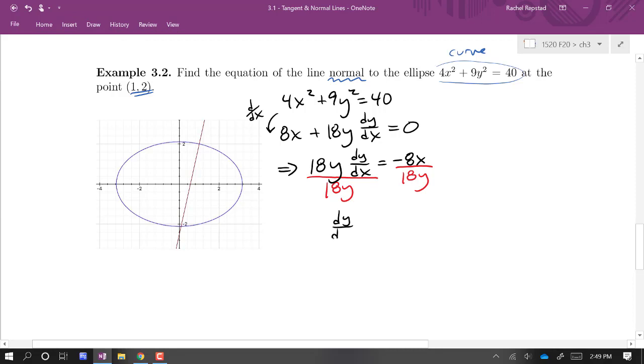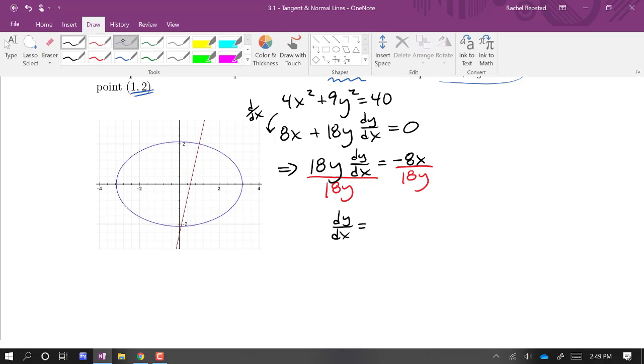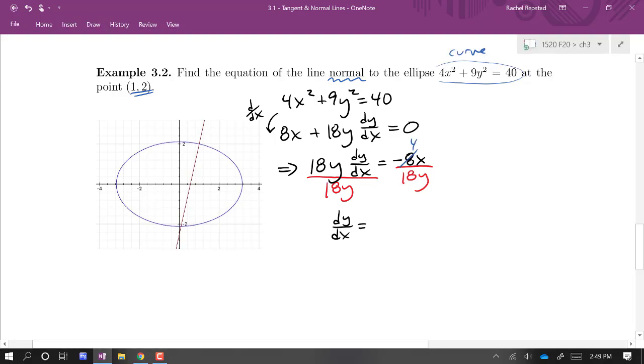So dy/dx equals, if we reduce this, 2, 4 times 9, we get negative 4x over 9y. There's dy/dx. Now, we want a normal slope.